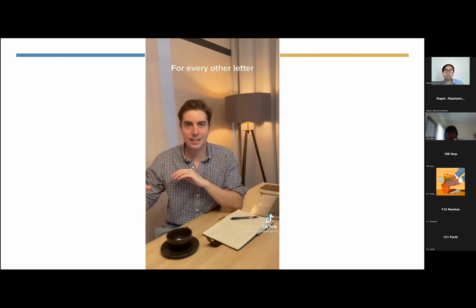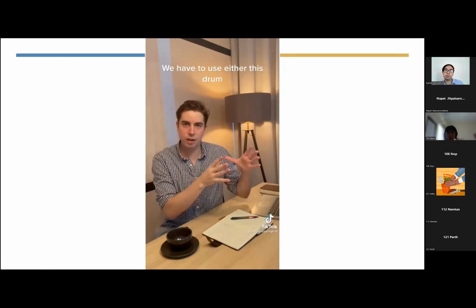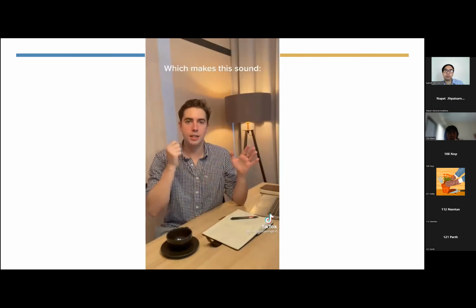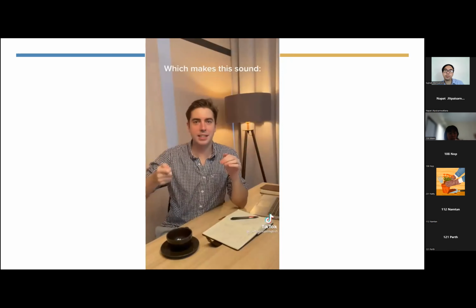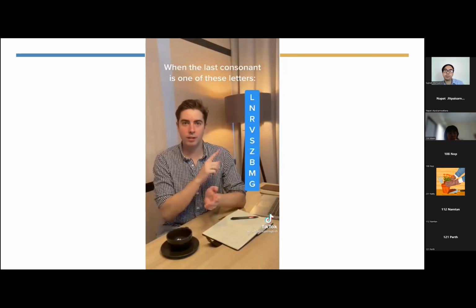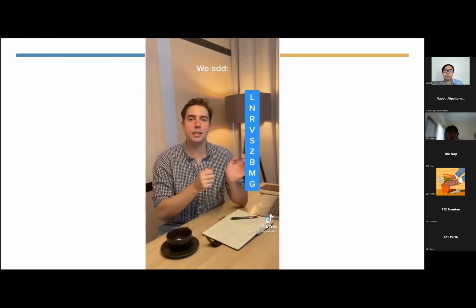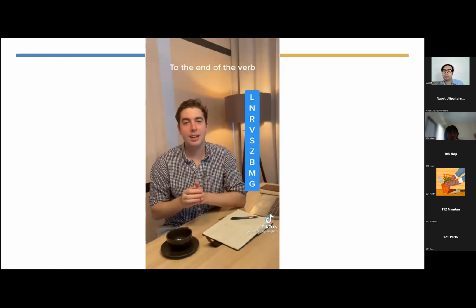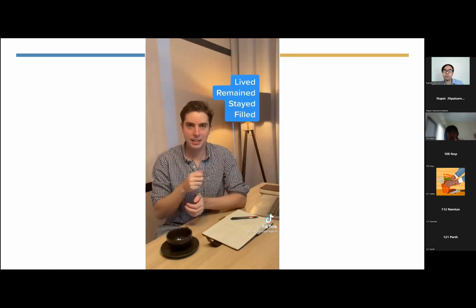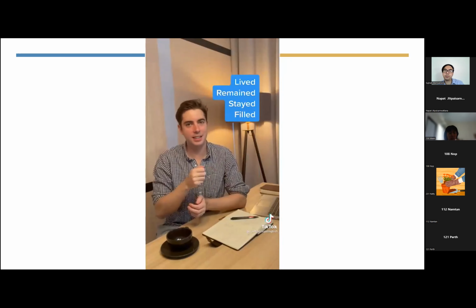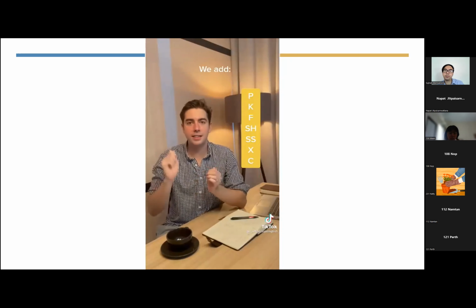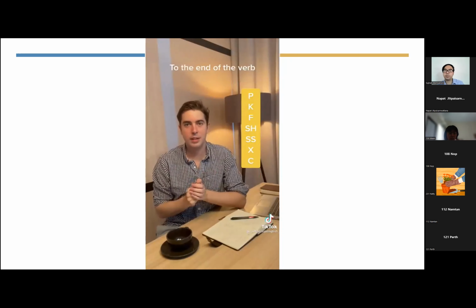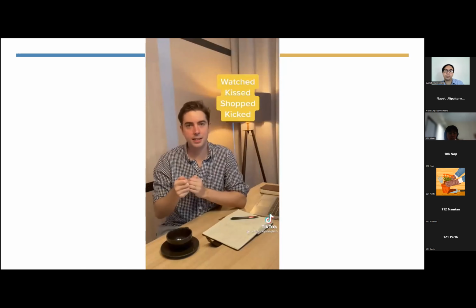For every other letter, we have to use either this drum, which makes the sound d, d, d, or this drum, which makes the sound t, t, t. When the last consonant is one of these letters, we add d to the end of the verb. Lived, remained, stayed, filled. When the last consonant is one of these letters, we add t to the end of the verb. Watched, kissed, shopped, kicked.